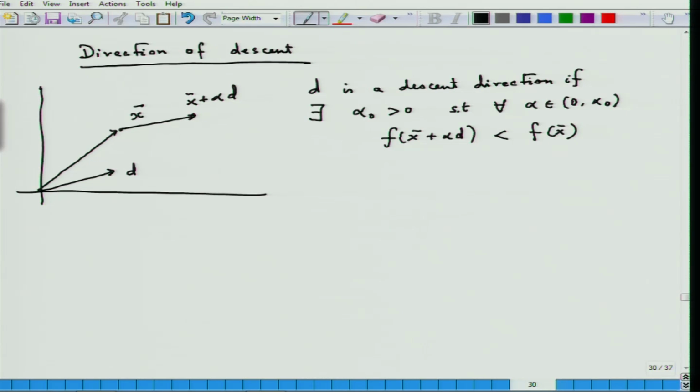So, this is called a descent direction at x bar.